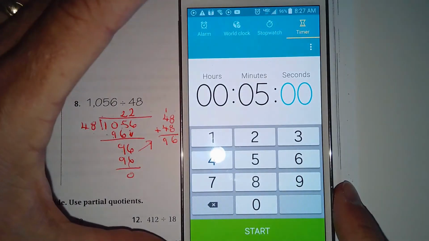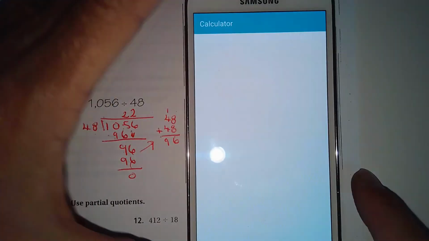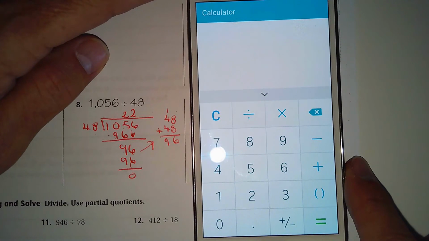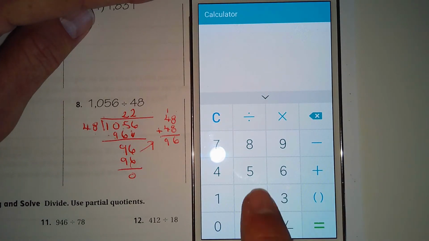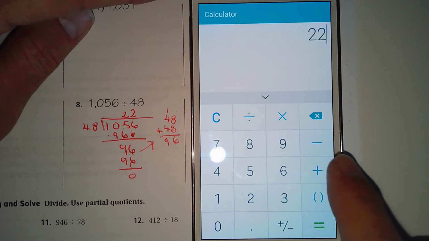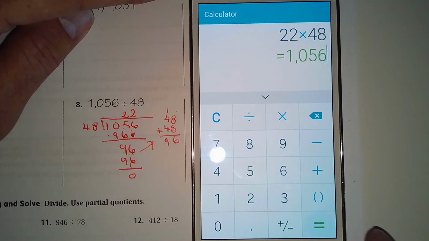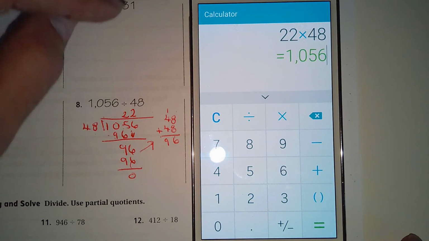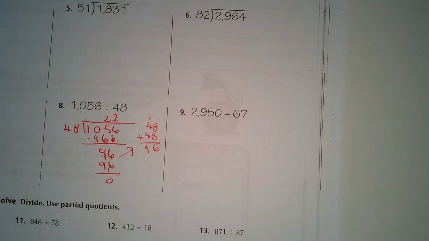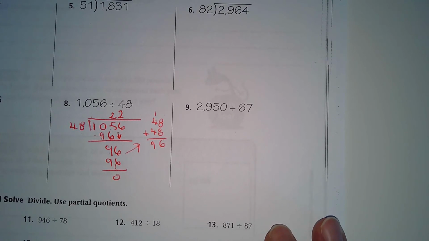Let's see here. 22 times 48 equals 1,056. Nicely done, 10 points. Okay. All right, questions on any of these?